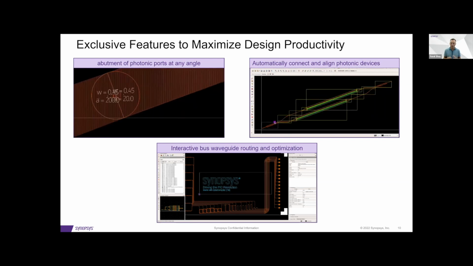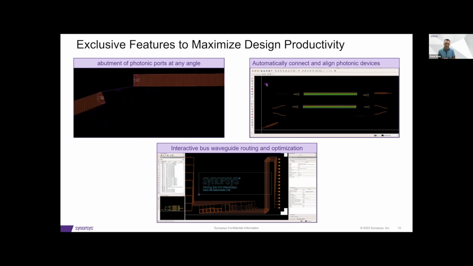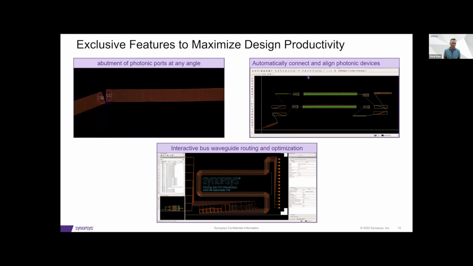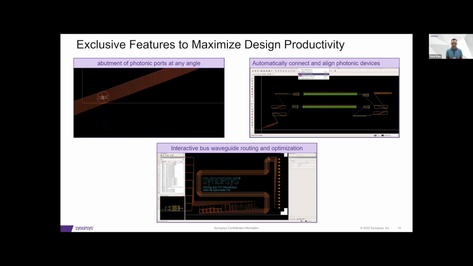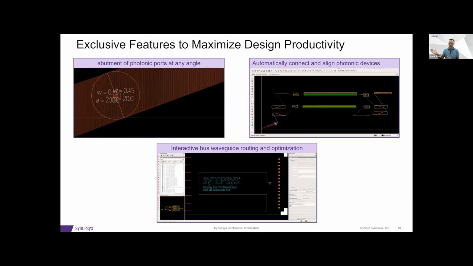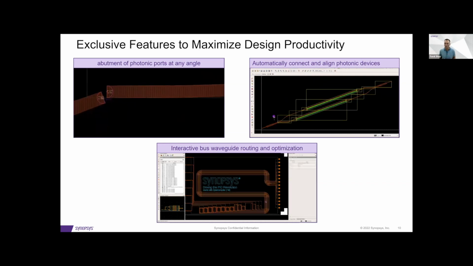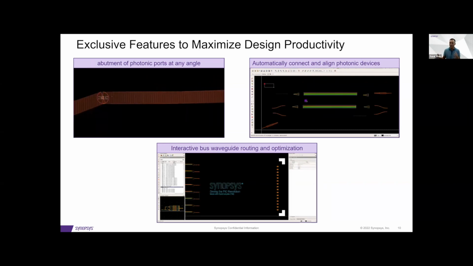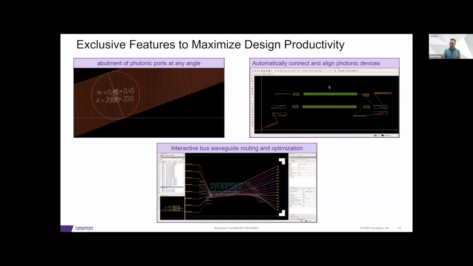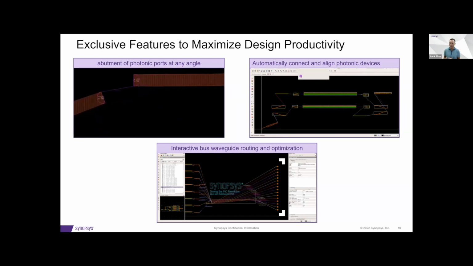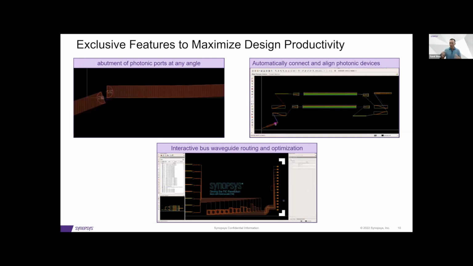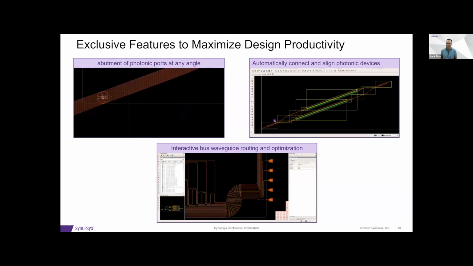We make sure that the ports are matching, and we are also annotating all that information on the layout. You can see on the right-hand side some placement automation and automatic alignment capabilities, where we are saving a lot of time for the photonic engineer in putting together the entire design in layout.